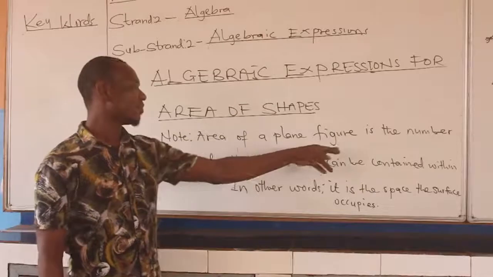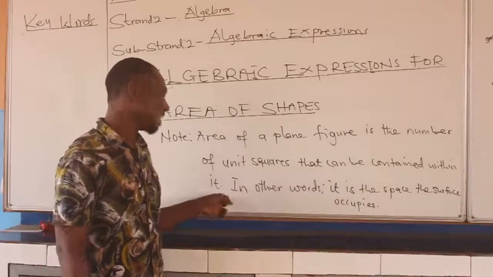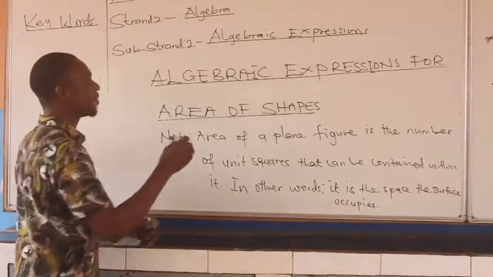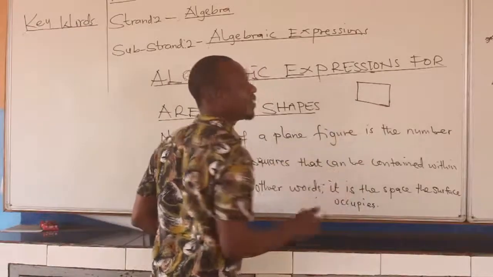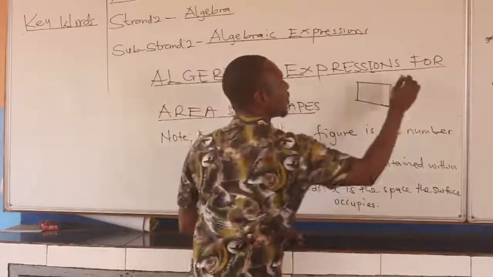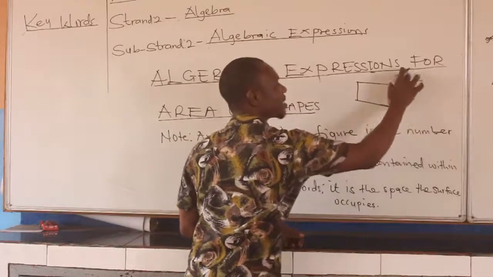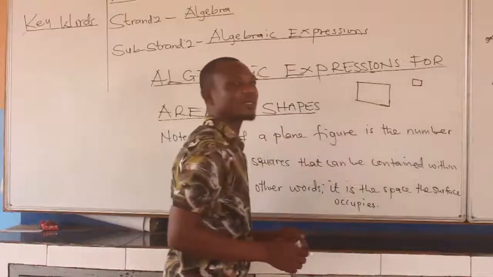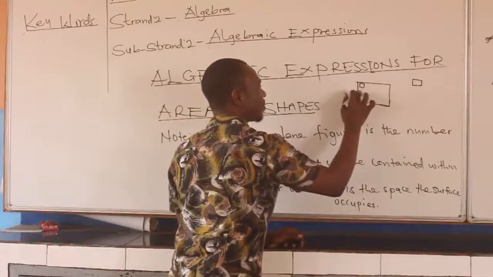So the area of a plane figure is the number of unit squares that can be contained within it. For instance, if I have this, and I want to look at the area, the unit square is unit 1. So every 1 centimeter square, here is 1, here is 1, here is 1. You measure this 1 centimeter square box within a particular shape.